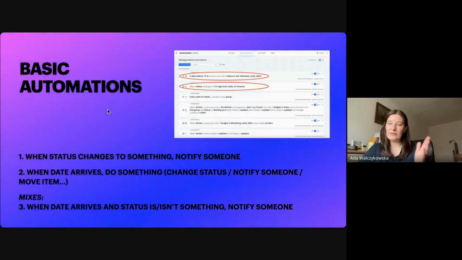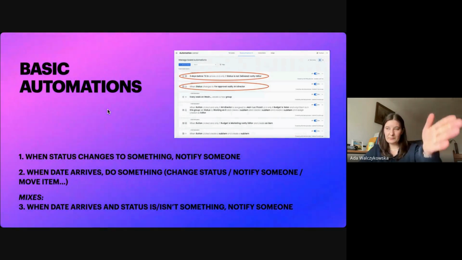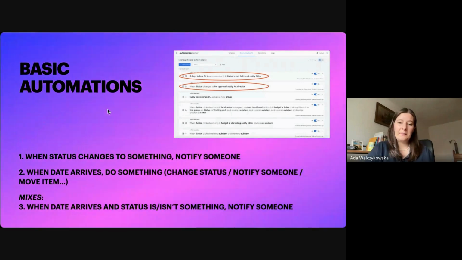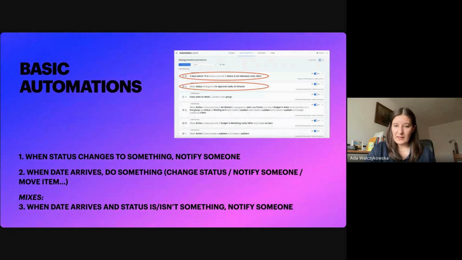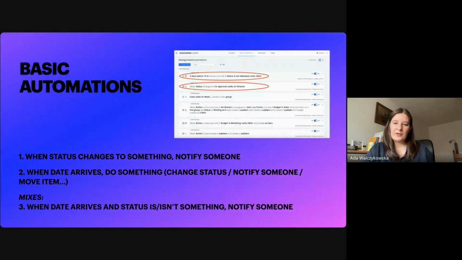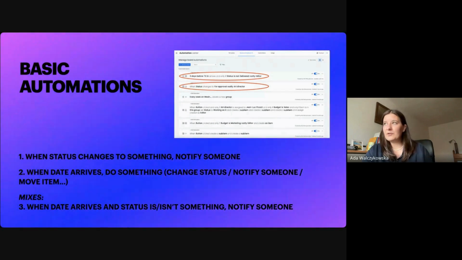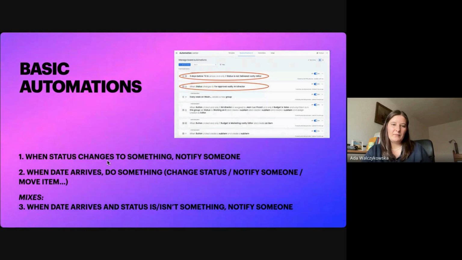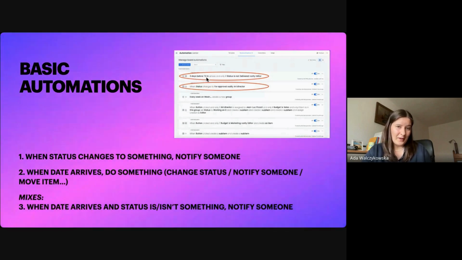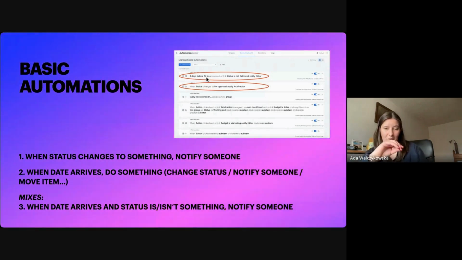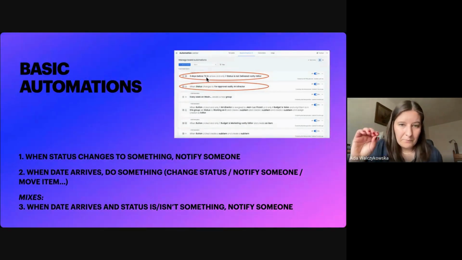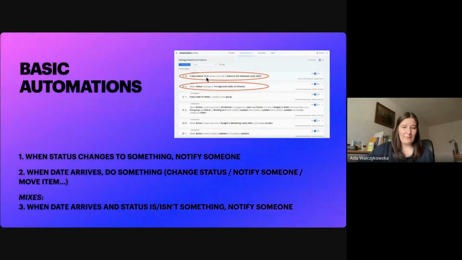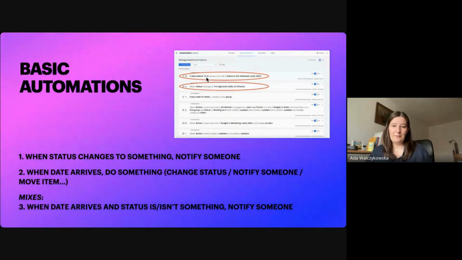And when date arrives doesn't mean it has to be the date itself, but if you have a date column that is, for example, your deadline column, and you want to trigger a reminder 3 days before it, you can use this automation. So when 3 days before the date arrives, so 3 days before your deadline column date, and only if status is not something, notify someone.